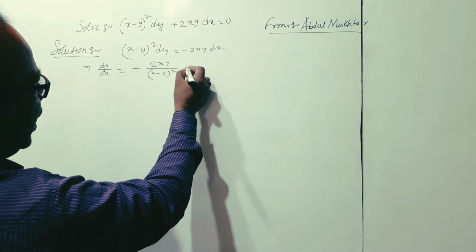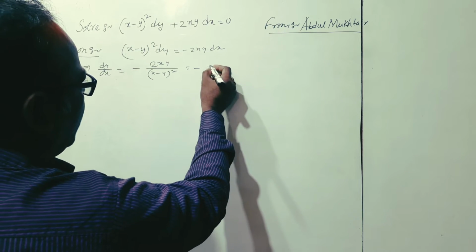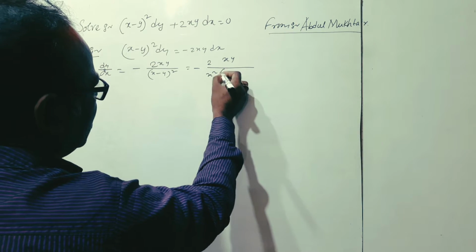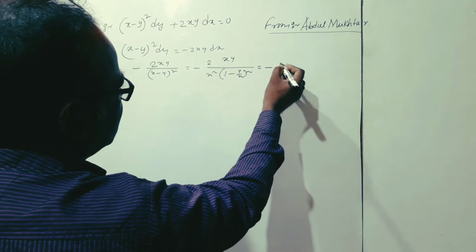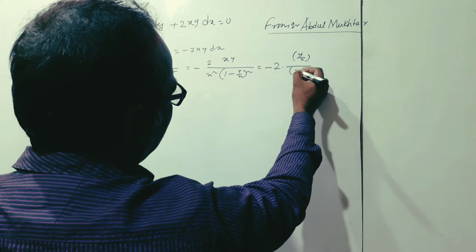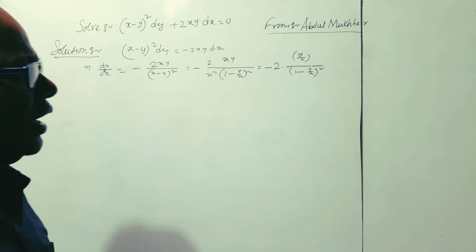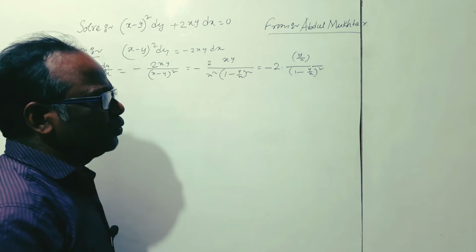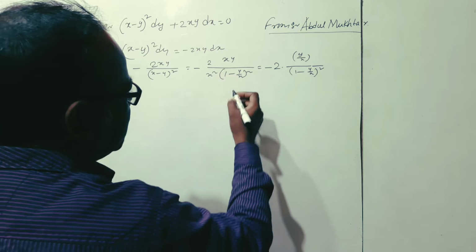If we take x square common, it can be expressed as y by x: 2xy over x square times 1 minus y by x whole square. The whole form is expressed in terms of y by x, so we can assume y by x as v. That's why it's called the homogeneous equation.